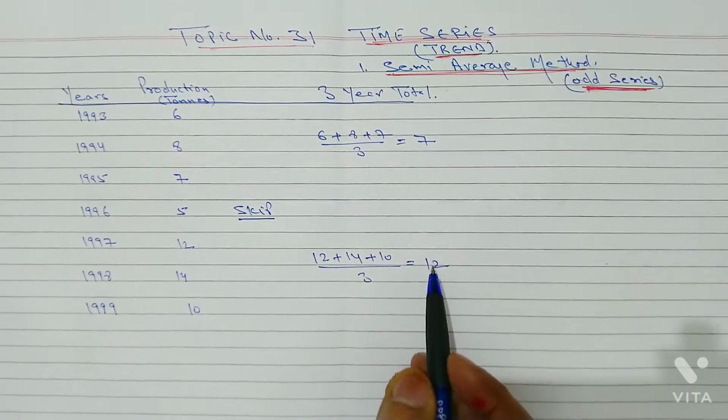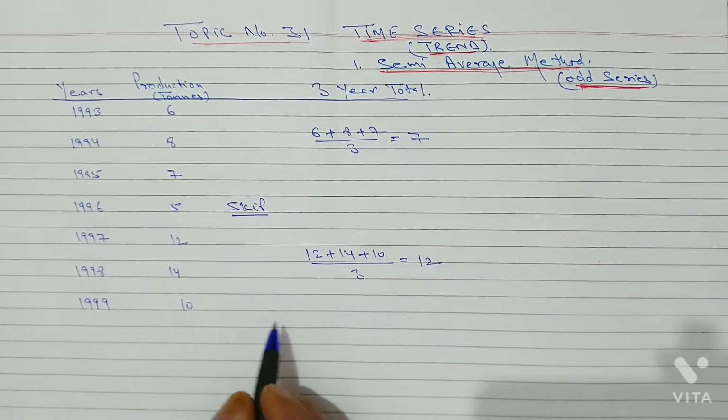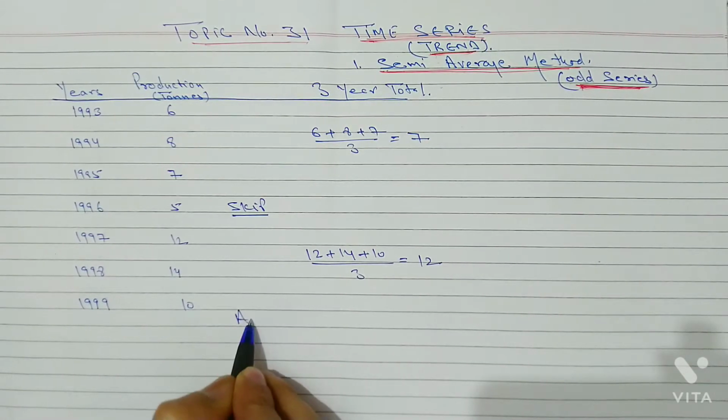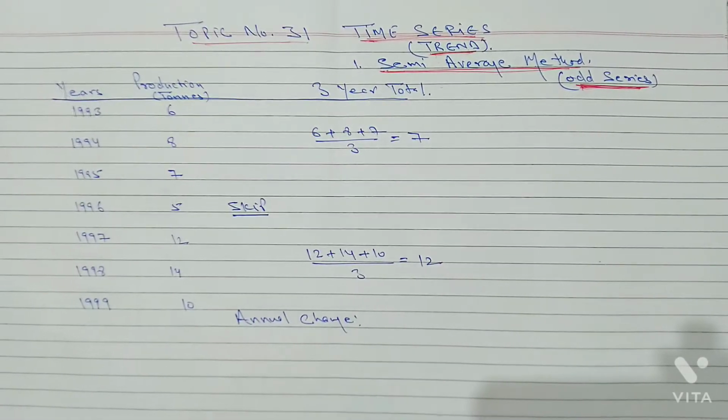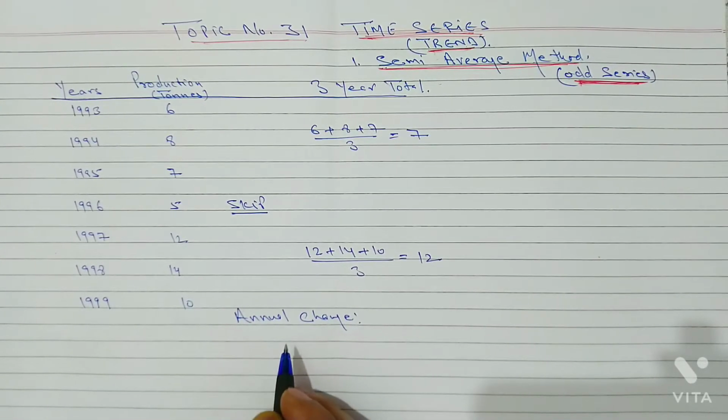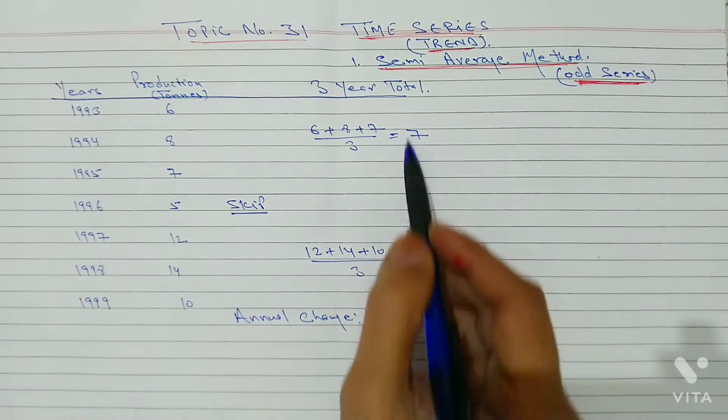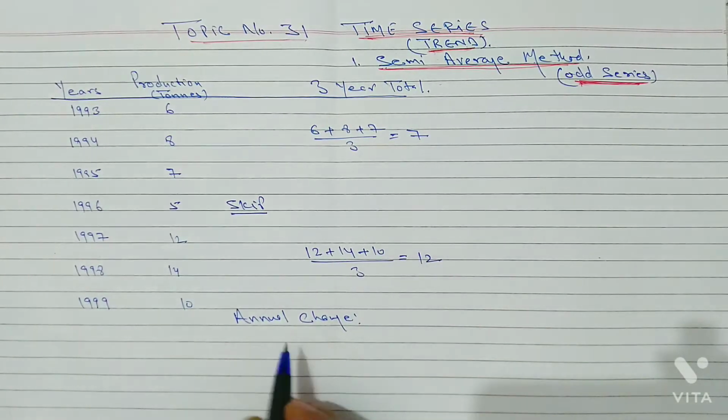Now we will find the annual change. Annual change is the difference of semi values.